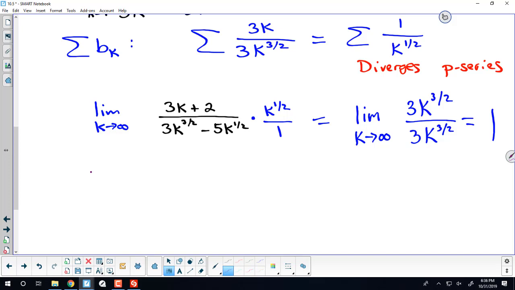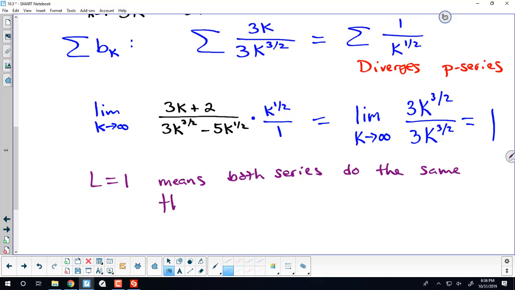So since L is equal to 1, both series do the same thing. Since the series we chose diverges, the given series also diverges.